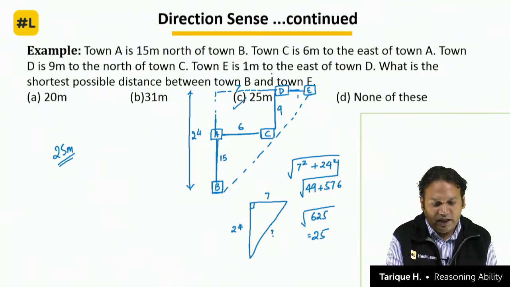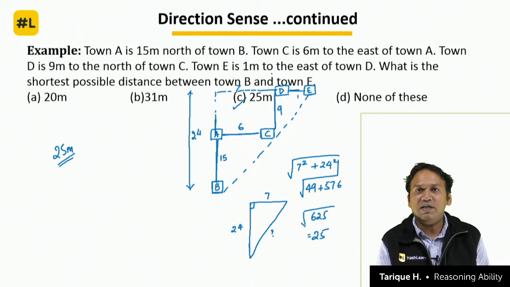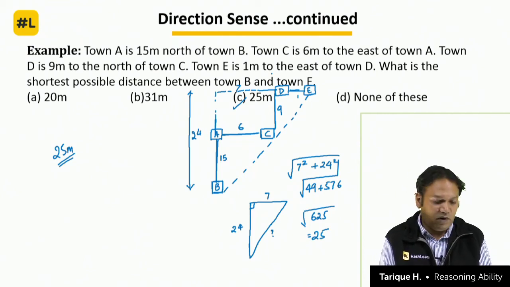So, making the diagram and then finding the shortest distance means using the concept called the Pythagoras theorem, that is a part of geometry.